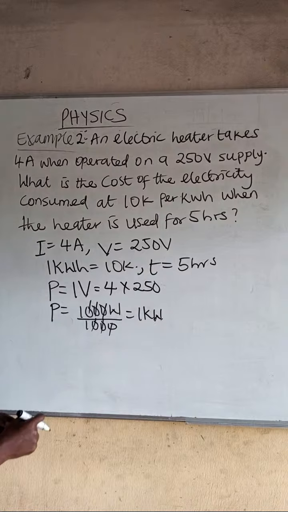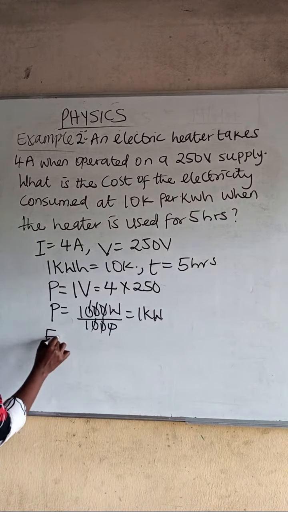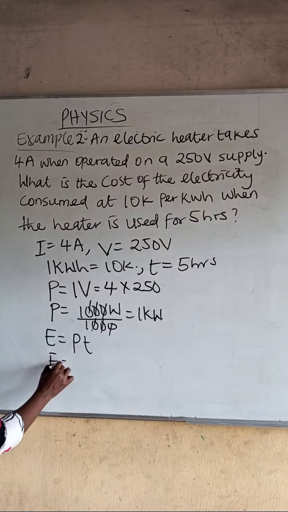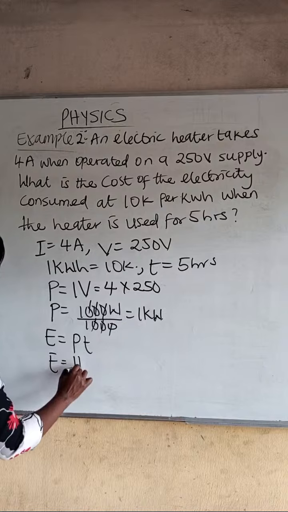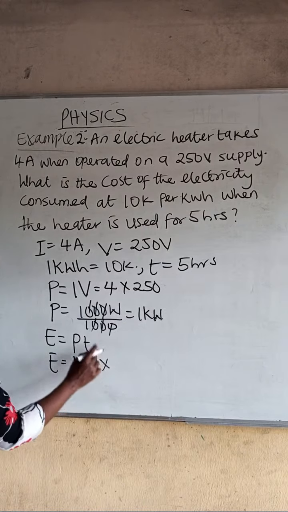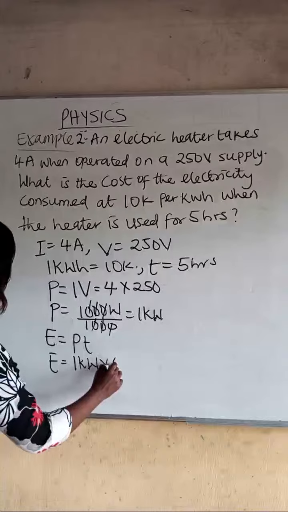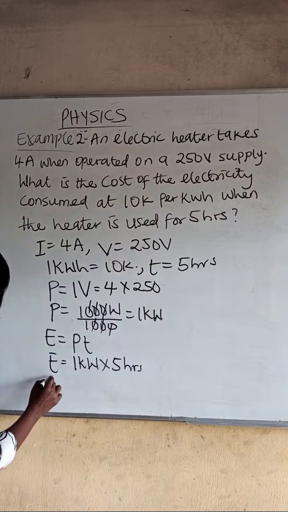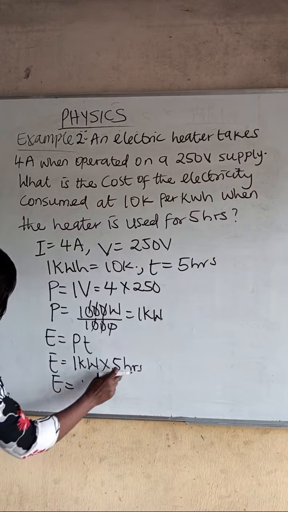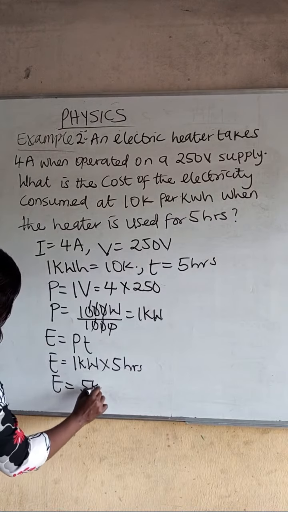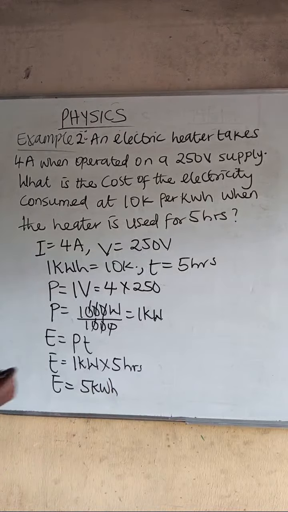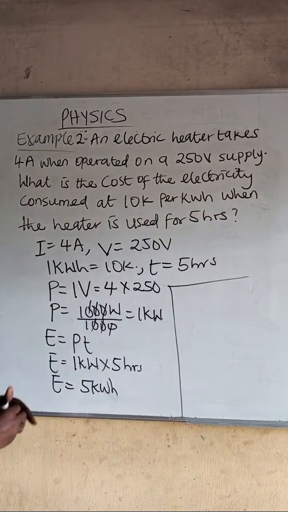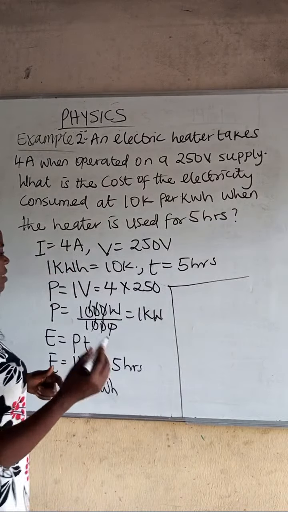Then for the energy, energy is equal to power times time. My power is 1 kilowatt times my time, 5 hours. When you multiply, you're going to have 5 kilowatt hour. Then from the question, 1 kilowatt hour, that is a unit, is sold at 10 kobo.